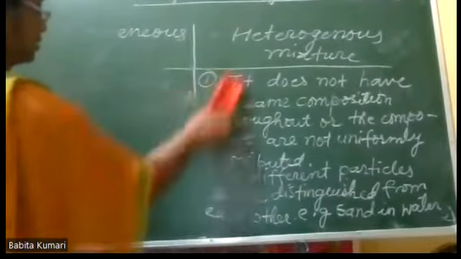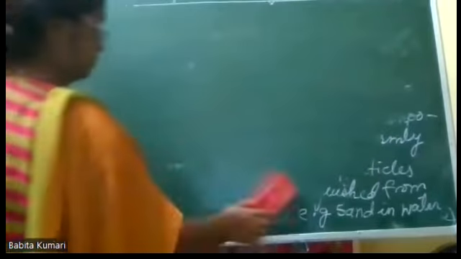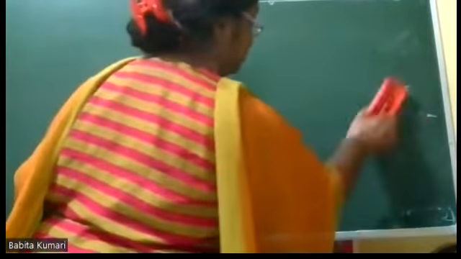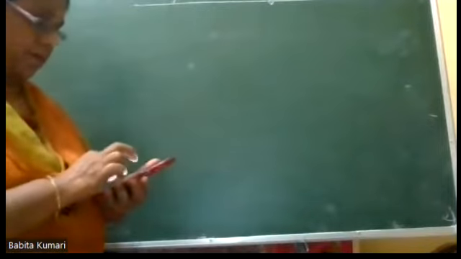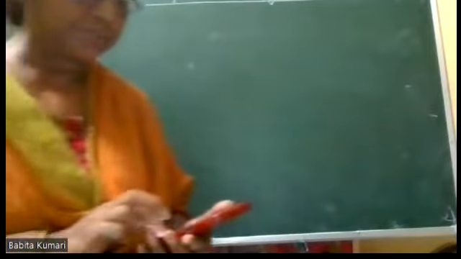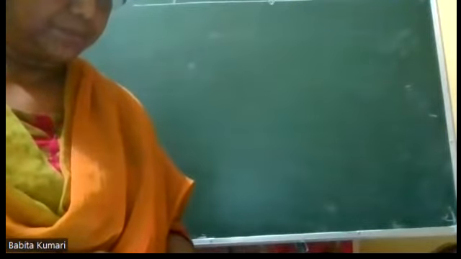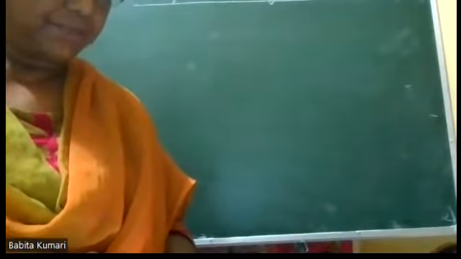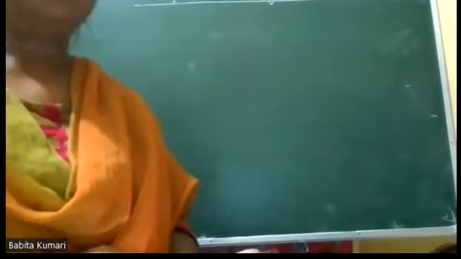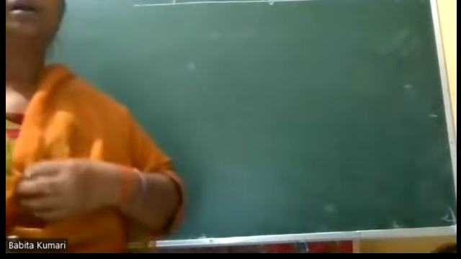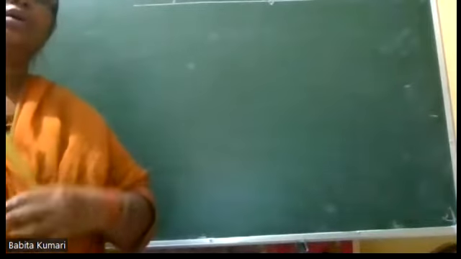Let us see the next point. There is one experiment also done in your book, that is for heterogeneous mixture. You can see sand mixed in water. The sand is clearly seen, isn't it? You can see the sand clearly in the picture.